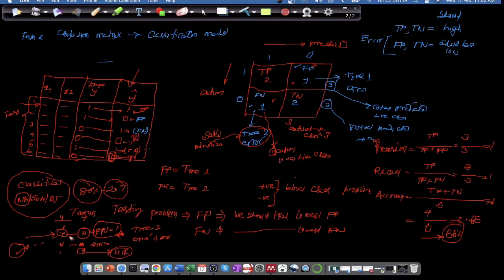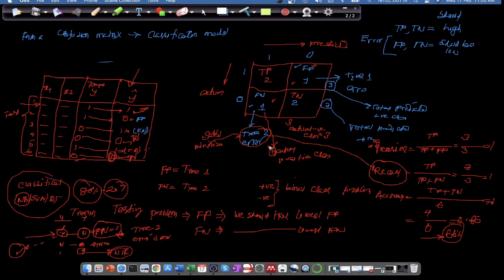But if he has cancer and it is not detected, then it is a severe issue. That's why false negative in this type of problem should be minimized. And false negative is determined by which parameter? Recall. So in that case, recall is much more important than precision, right?